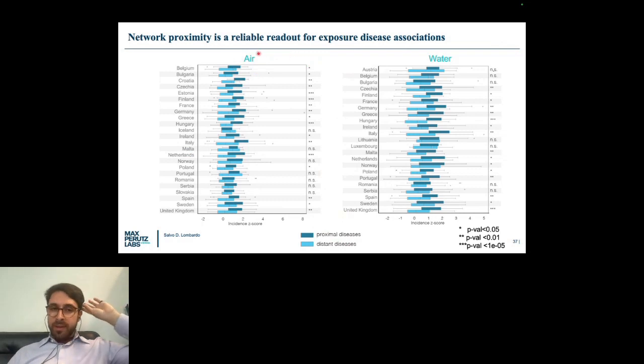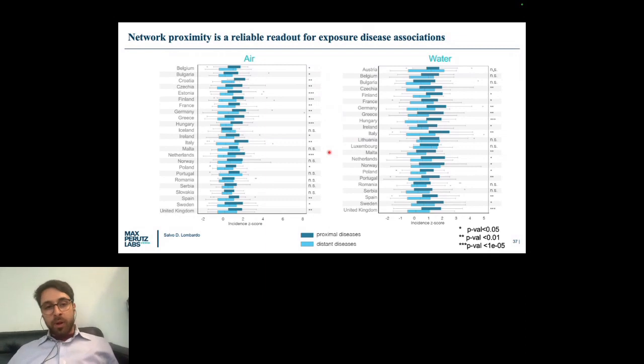And what we observed was that if we consider both air or water exposures, so those chemical compounds that are highly present in the air or water in each of these countries, the incidence of those proximal diseases was always higher compared to the incidence of those distant diseases, which is nice because for us it recapitulates the phenotype, so the incidence, also on a genetic level, so based on just the molecular connections on the interactome.